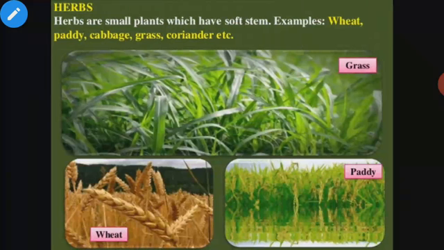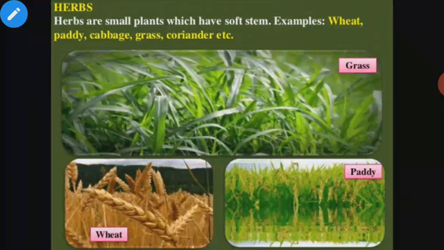Herbs. Herbs are small plants which have a soft, weak, small stem. Examples: wheat, paddy, cabbage, grasses, coriander, tomato, mint. These all are herbs.